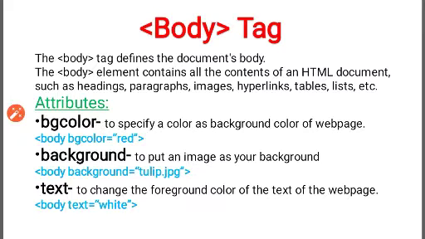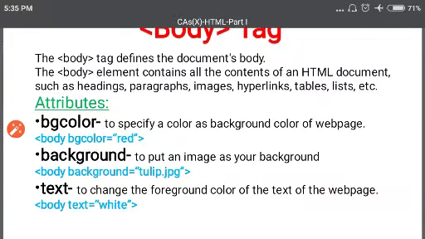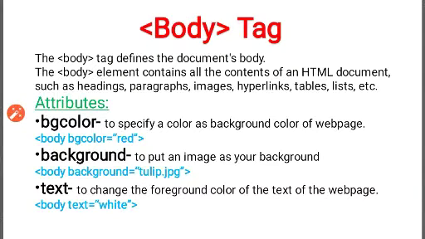There I will take it. Suppose I have taken tulip.jpg. So I will write body background equal to, under quotations, the name of the file or name of the image and then the extension of that or the format of the image as .jpg.